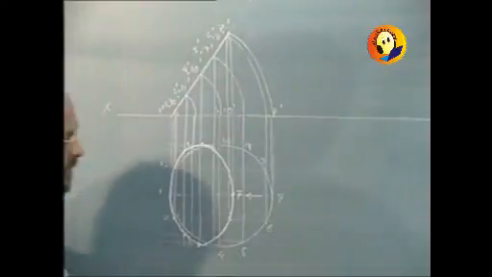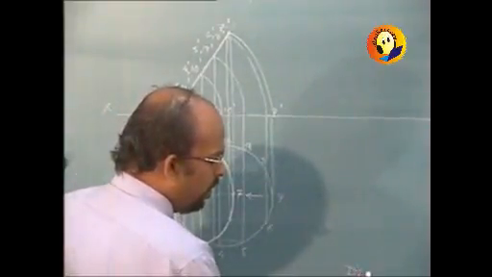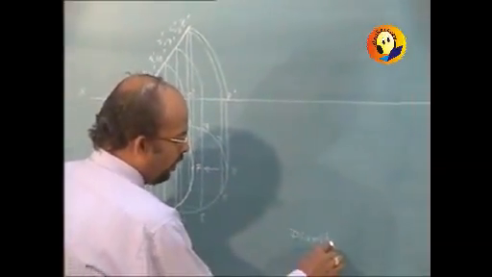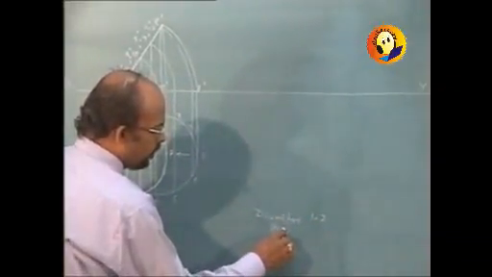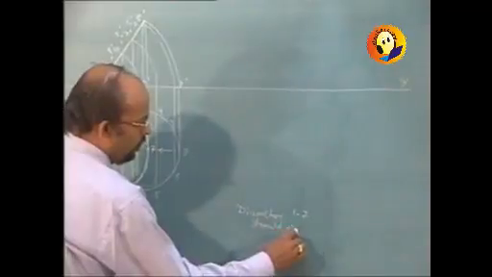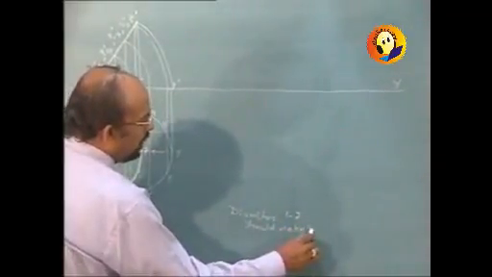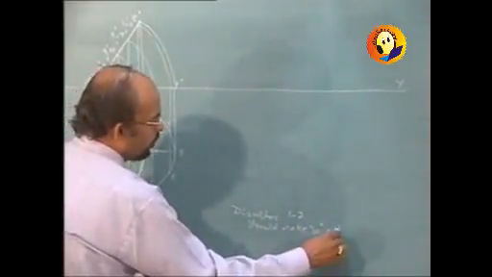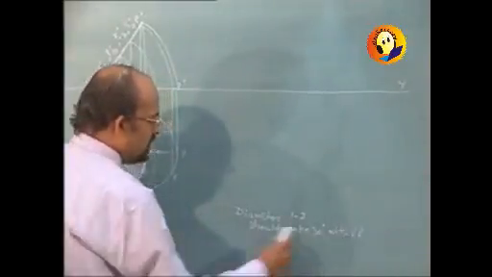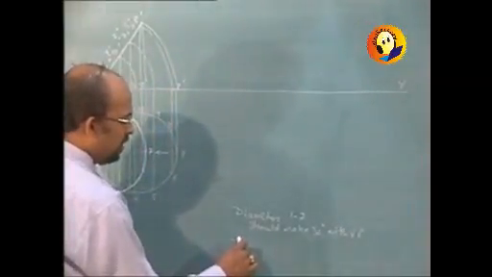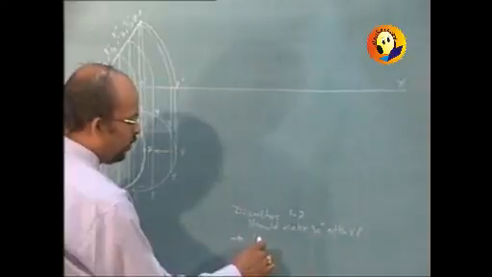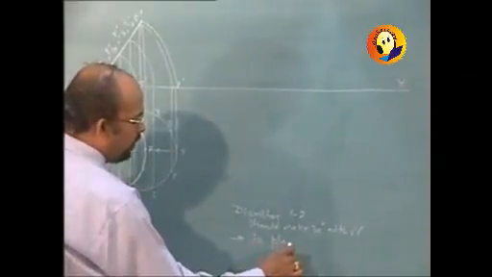Now as it is given that diameter 1, 7 should make 30 degrees with VP, obviously this angle will be seen in plan only, that is in top view only.